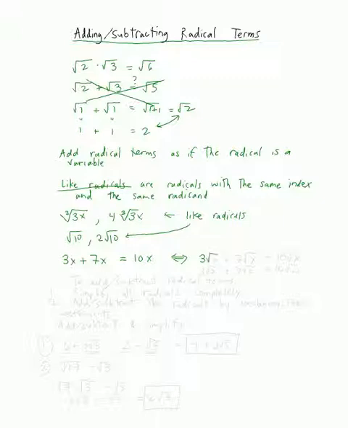Let's say instead of an x, that was a radical x plus 7 radical x. Well, guess what? It's the exact same thing. This becomes 10 radical x. Or if this was 3 root 2 plus 7 root 2, we get 10 root 2. So hopefully you're getting the idea. The idea is that you treat it just like variables, and you can only add them if they're the same radical.